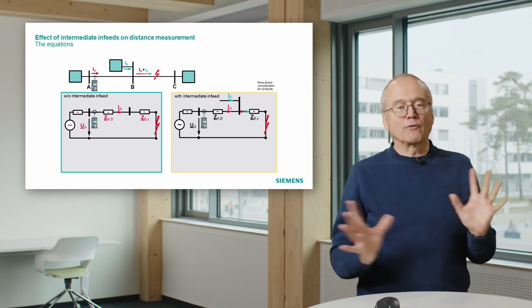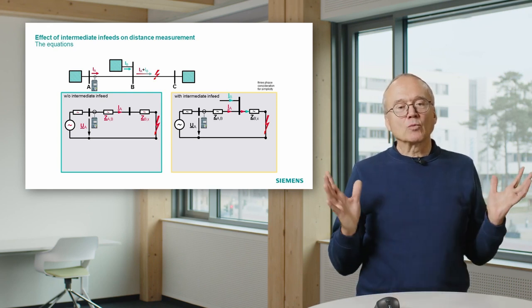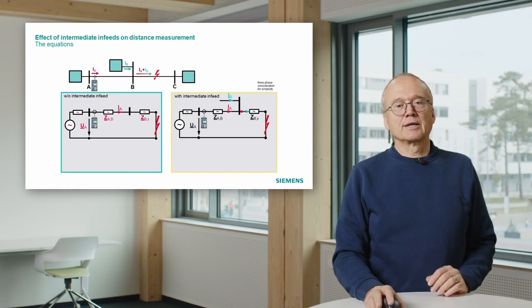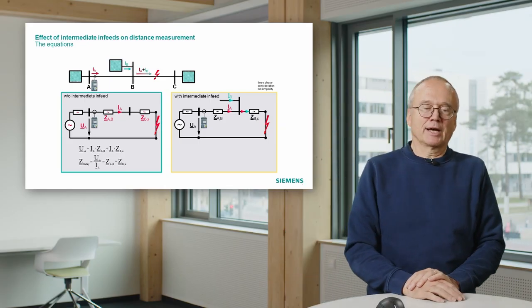Then we assume a fault without fault resistance to keep it simple. And then we can calculate from that the impedance. We measure the impedance of our own line plus the impedance of the next line.